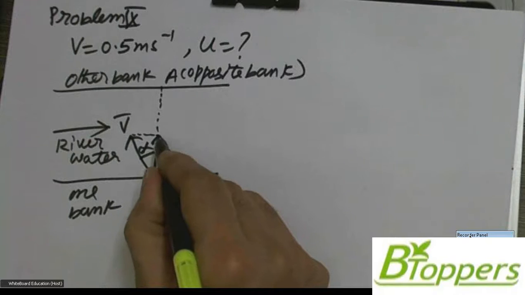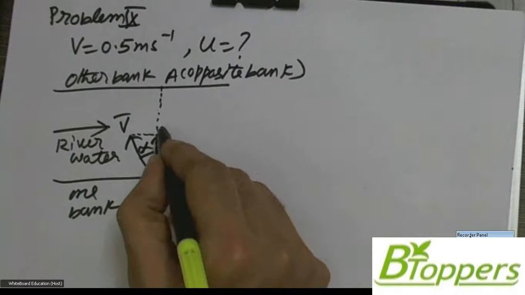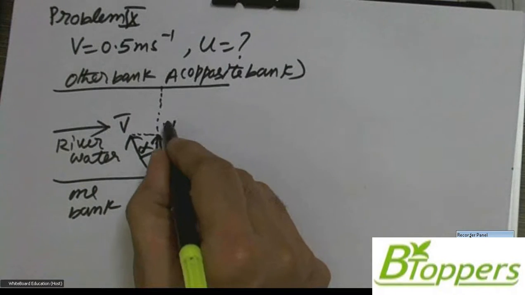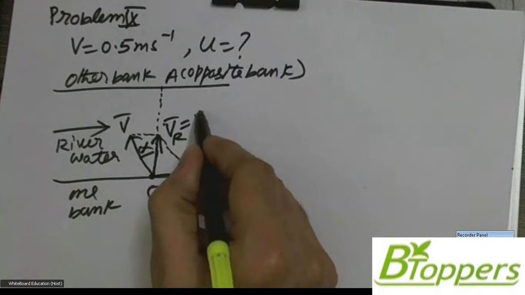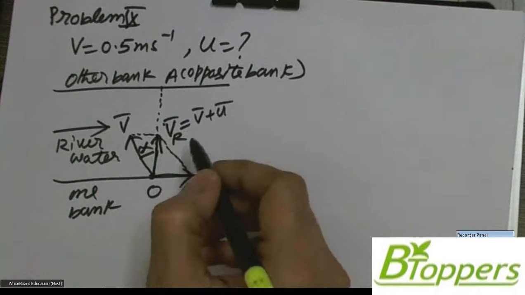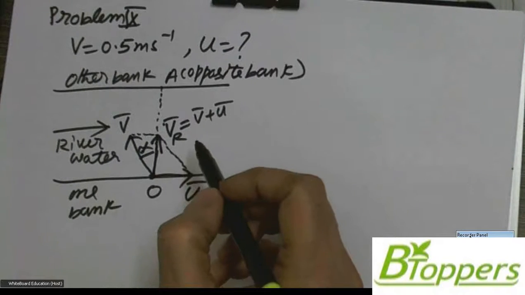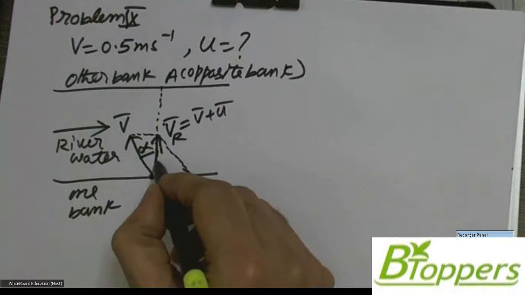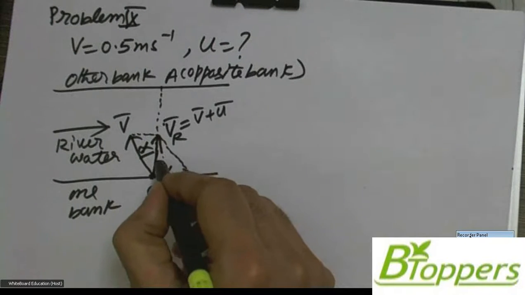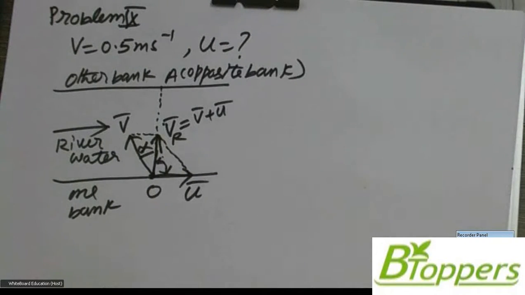That means the resultant of V bar and U bar is directed towards the opposite point. VR bar represents the resultant of V bar and U bar, so that is directed along the width OA of the river.